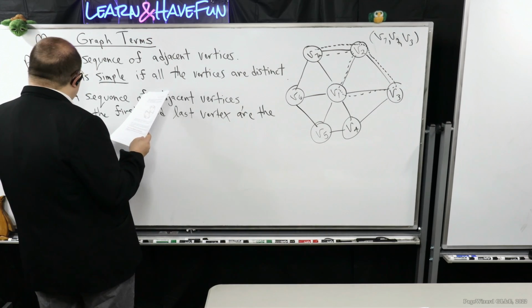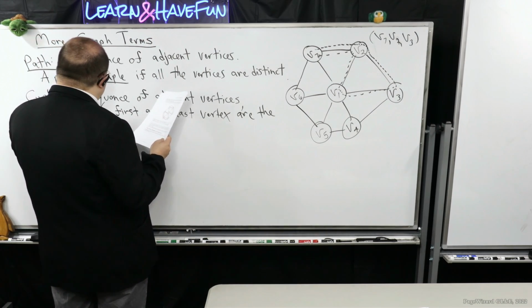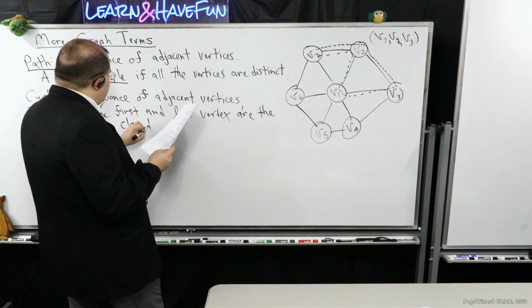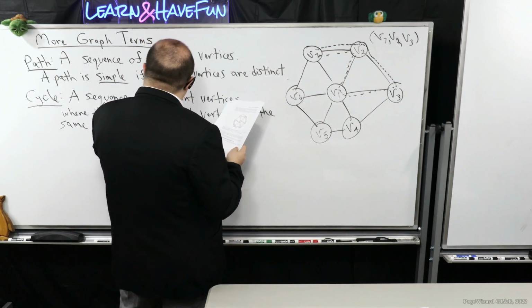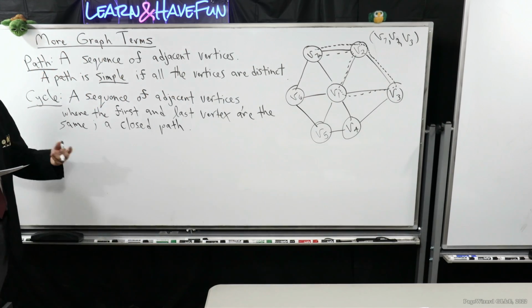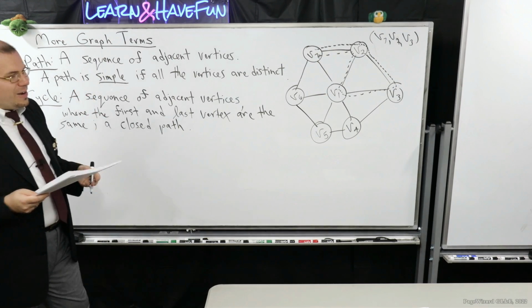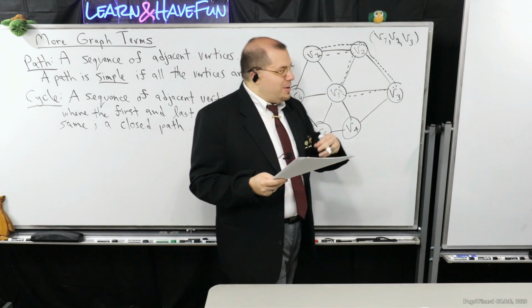Some would call this a closed path. It means that you're taking some trip in the graph, but wherever you start, you end there.